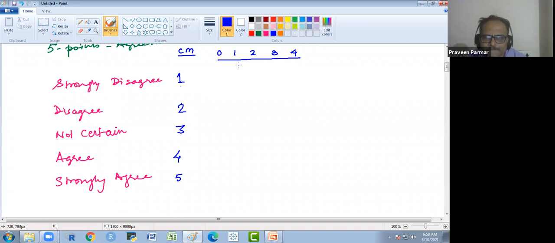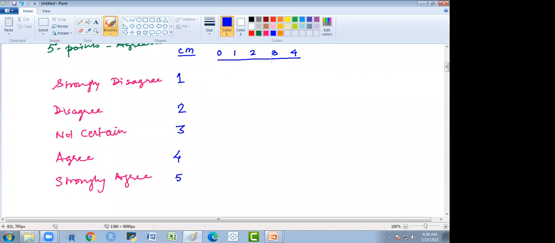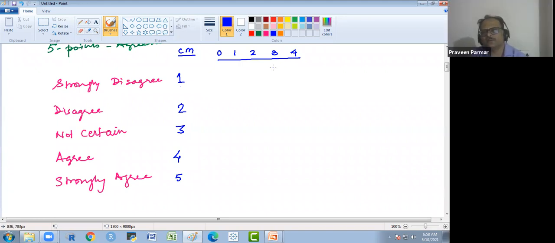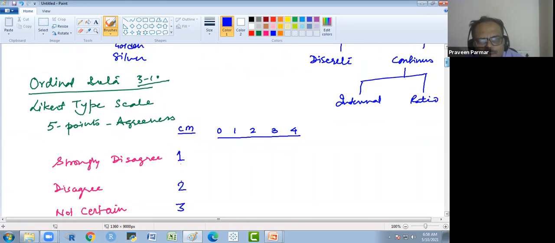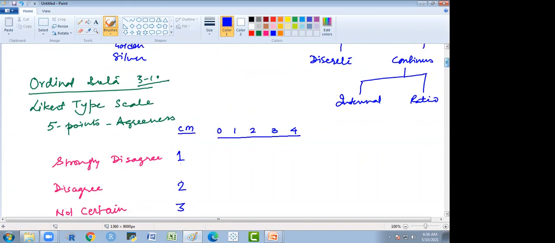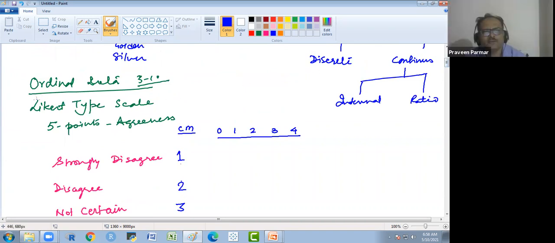Yes, sir. If on any single point you get some confusion, you may ask. Don't hesitate to ask anything, even if it is minor. I have one query. Likert means different types of opinions? The word is taken from liking. It is Likert type scale, not a Likert scale, because ordinal data is not scale data.